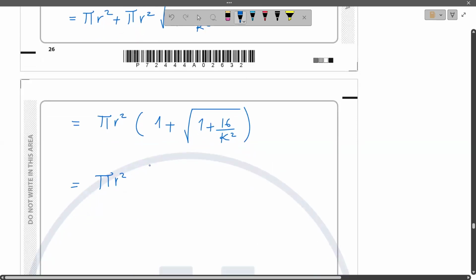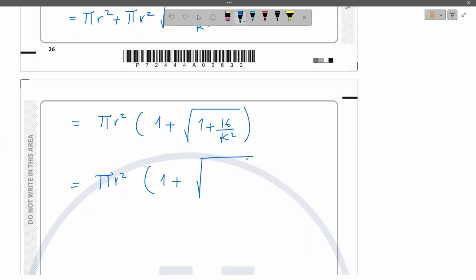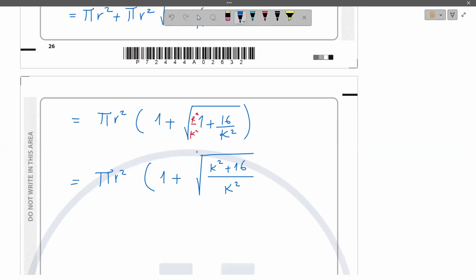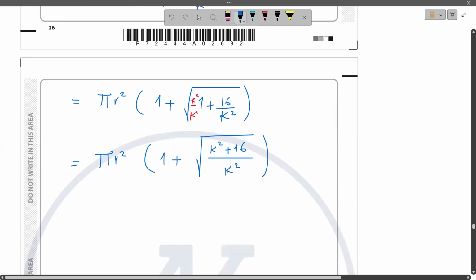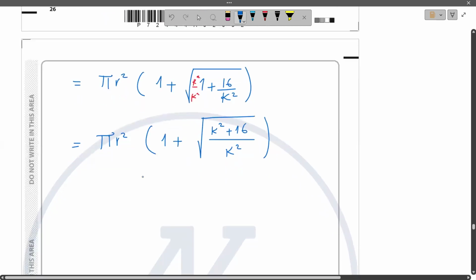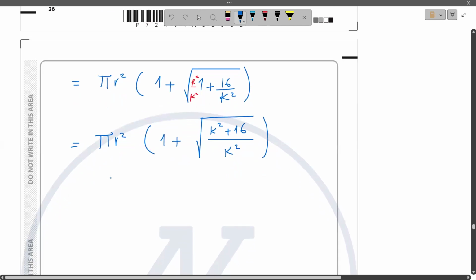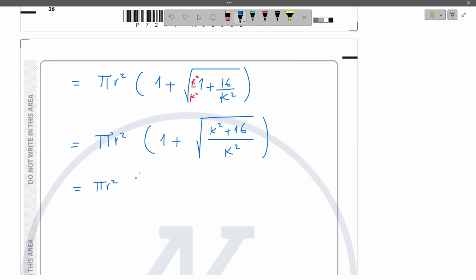So pi r squared, bracket, 1 plus the square root of k squared plus 16, where I write 1 as k squared over k squared. Why did I do that? To take k squared as a common factor, and outside the square root as k. So it's pi r squared, bracket, 1 plus 1 over k times the square root of k squared plus 16.